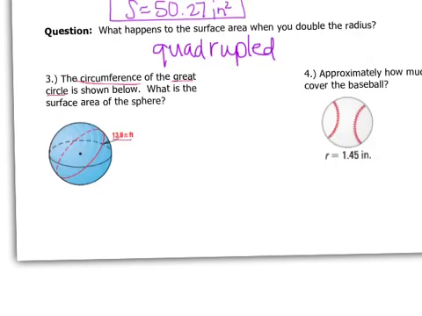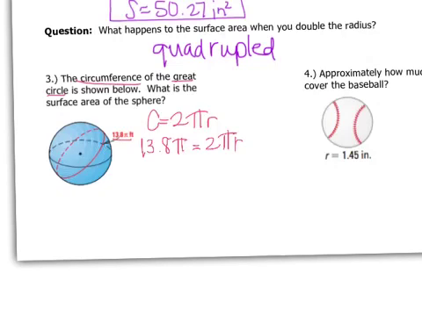Knowing the circumference, what information can we get that we need? R. So circumference of a circle is 2 pi r. We can take the circumference that we know, substitute that in for C, and then we can solve for r, which is what we need to be able to find the surface area.